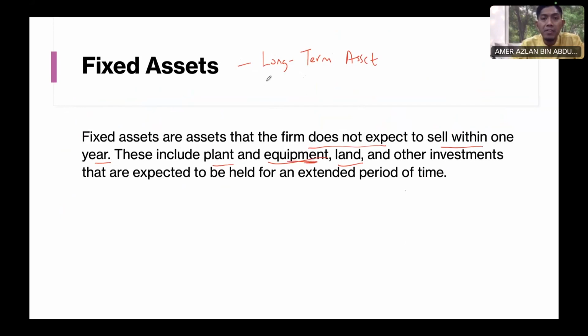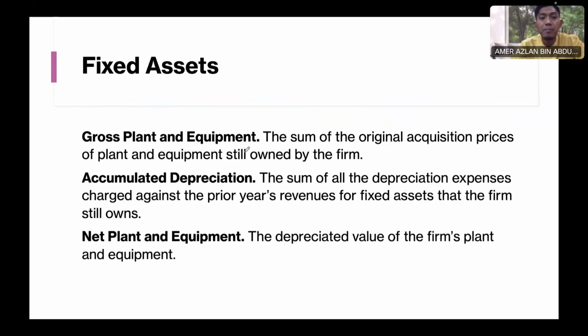And when you have a fixed asset, something like equipment, plants, or vehicles, it involves a series of depreciation, or in Malay you call it susut nilai, right? For example, if you purchase a vehicle, or a company van, it costs you around, let's say, 150,000.